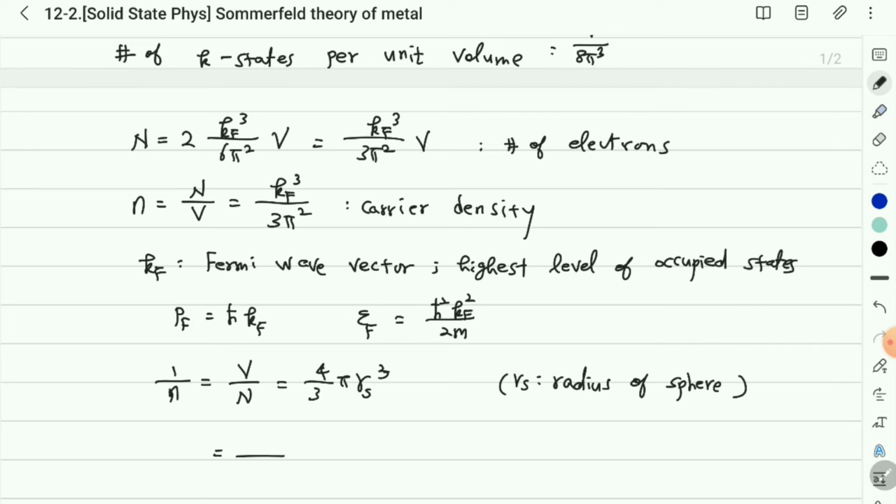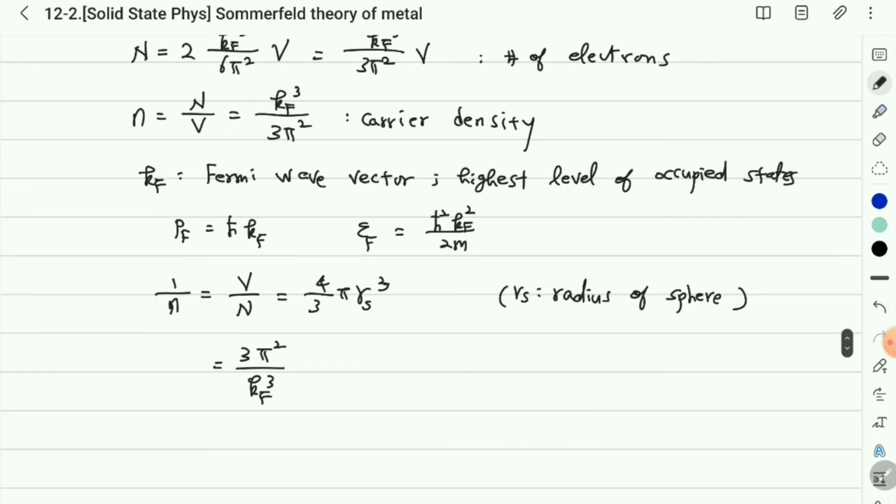In momentum space, from this, we can think of 3 pi square over kf cube.